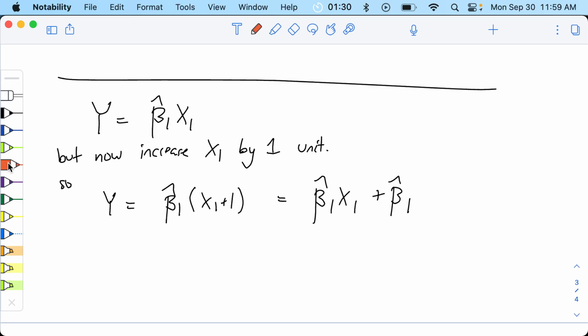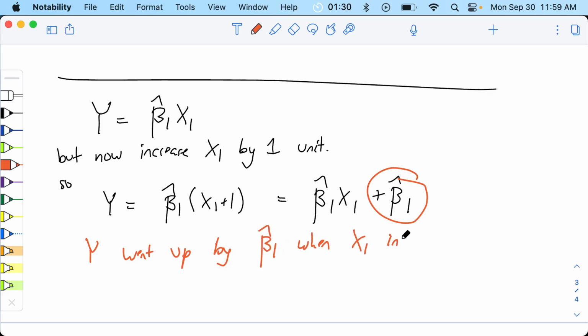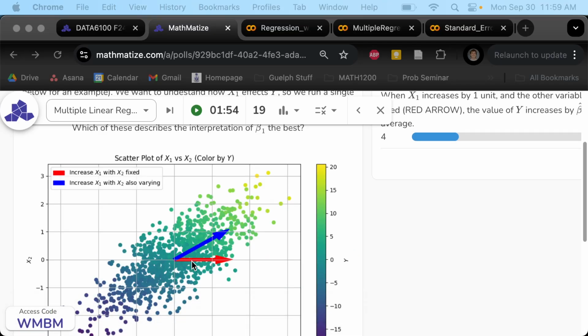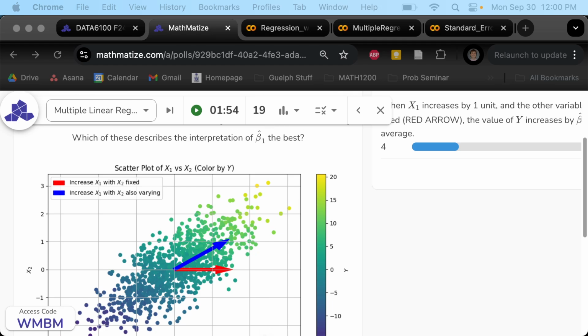So it went up by plus beta hat 1. So y went up by beta hat 1 when x1 increased by 1. And to me, this looks like the red arrow, right? I increased x1 by 1. Y went up by beta hat 1. That's the red arrow. But everybody voted for the blue arrow. So the blue arrow says, like, you vary x2 or something. What's wrong with what I said over here?